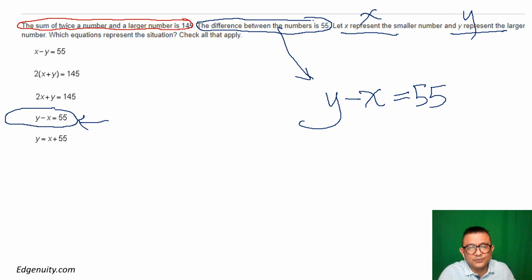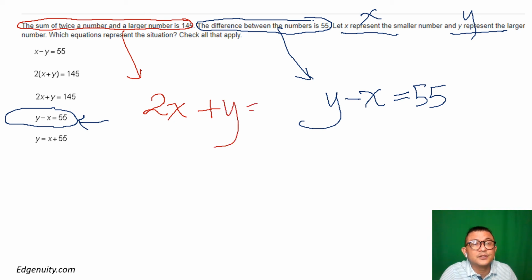Okay, let's try the red one. The sum of twice a number, twice the x, sum, I need to add it to something. And the larger number, which is y, is equal to 145. Okay? But I want the y to be alone. Minus 2x for you, minus 2x for you.